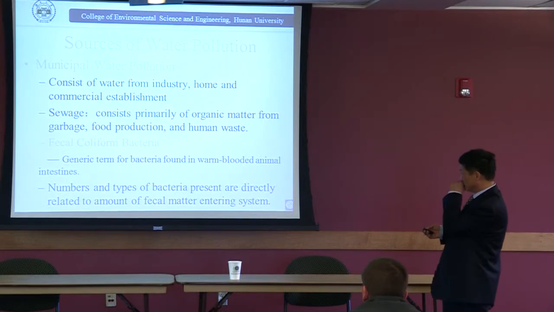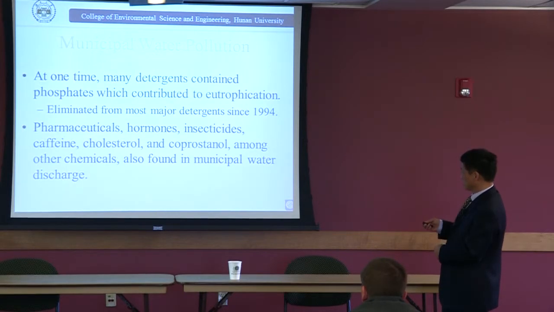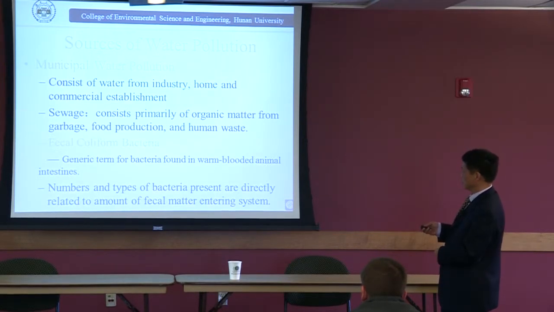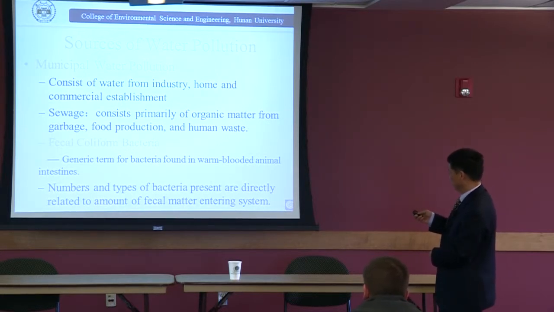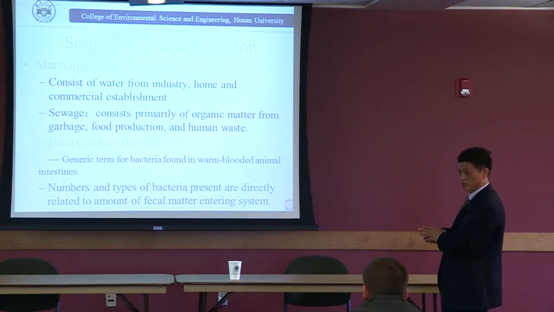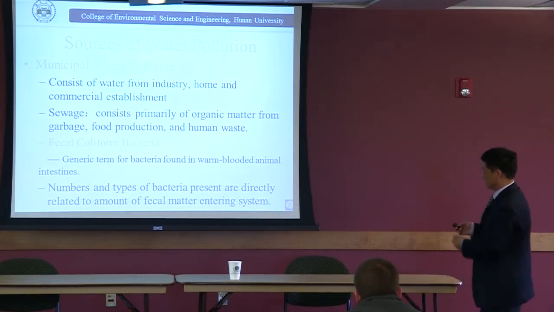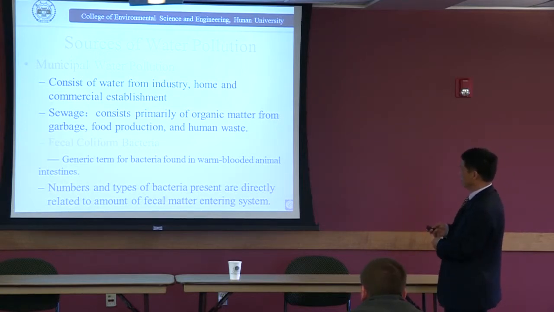Municipal wastewater mostly consists of nitrogen, phosphorus, and organic materials, and especially some specific organic materials. The second is fecal coliform bacteria. That's the kind of water pollution.